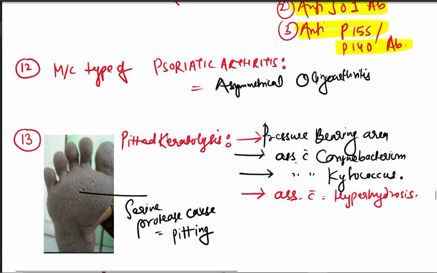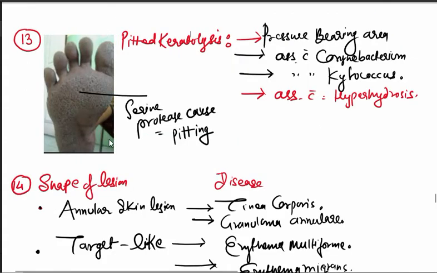Next one, the most common type of psoriatic arthritis is asymmetrical oligoarthritis. Next one, this picture is showing pitted keratolysis.